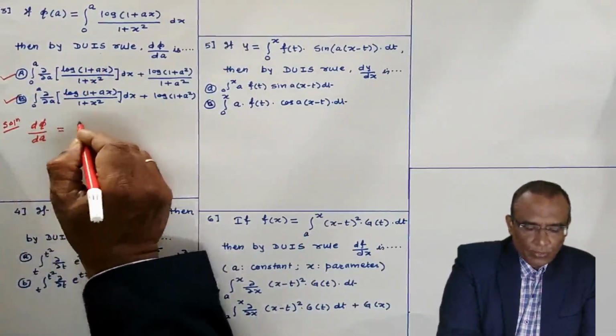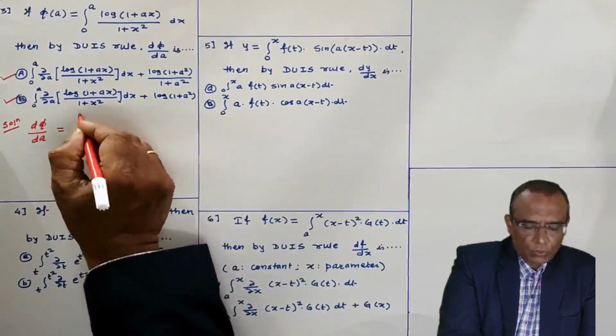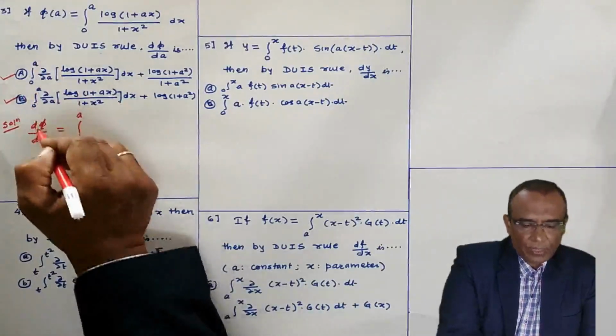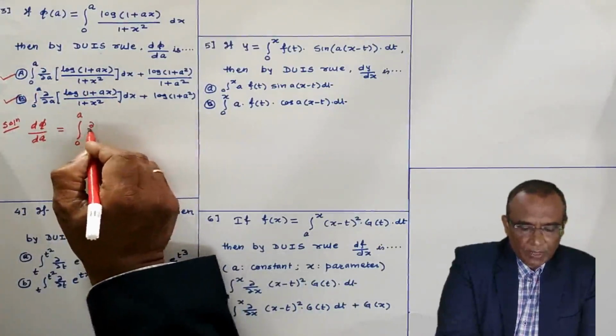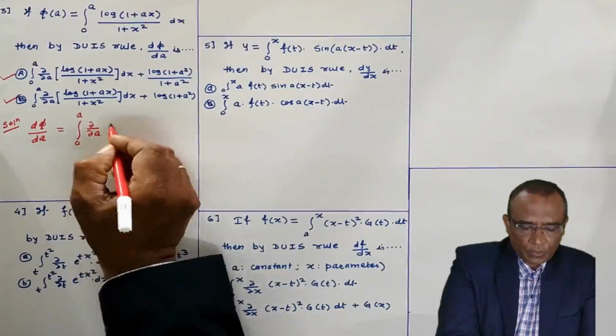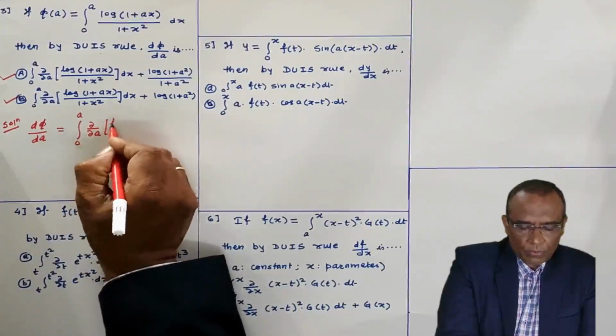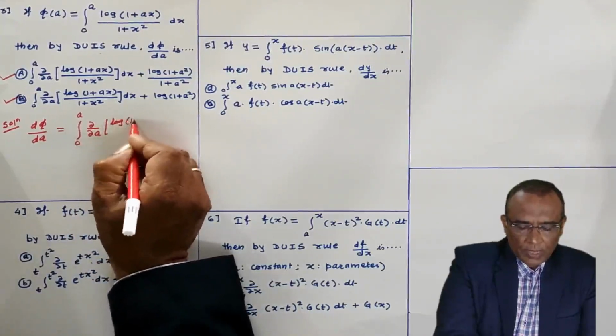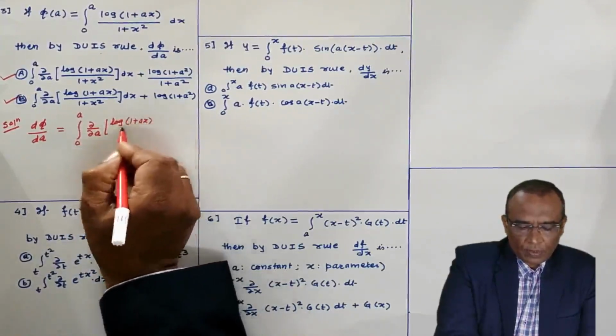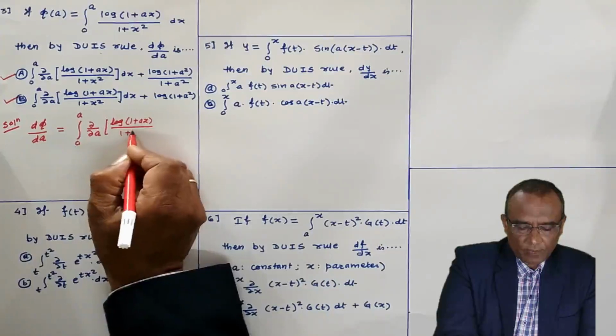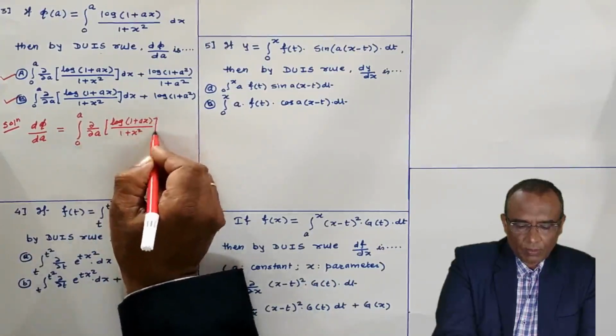Now, when you apply the second Leibniz rule, this derivative will come inside of the integral. It will then become del del a of log of 1 plus ax divided by 1 plus x square, plus.